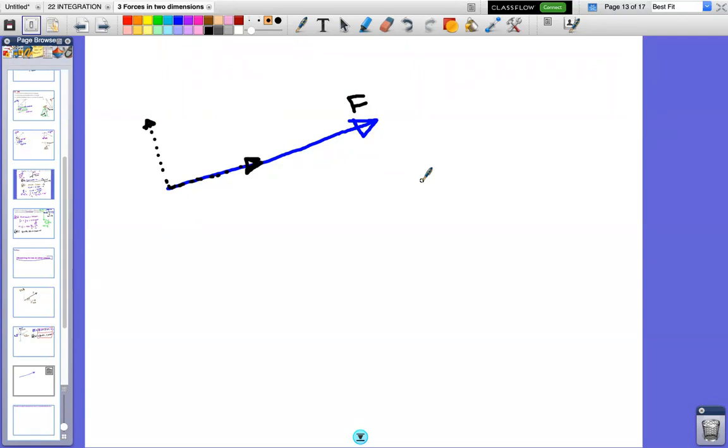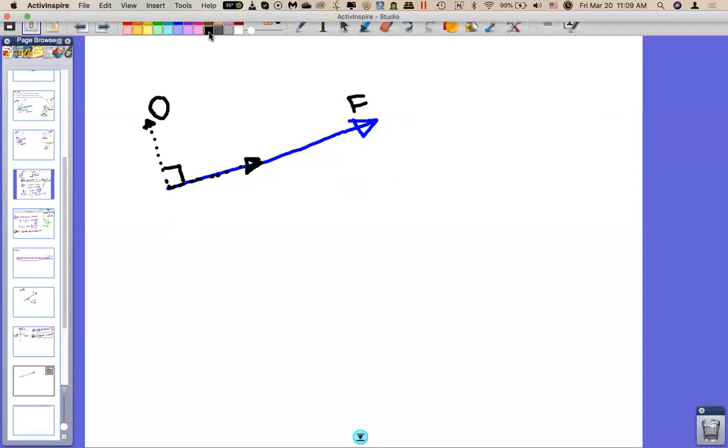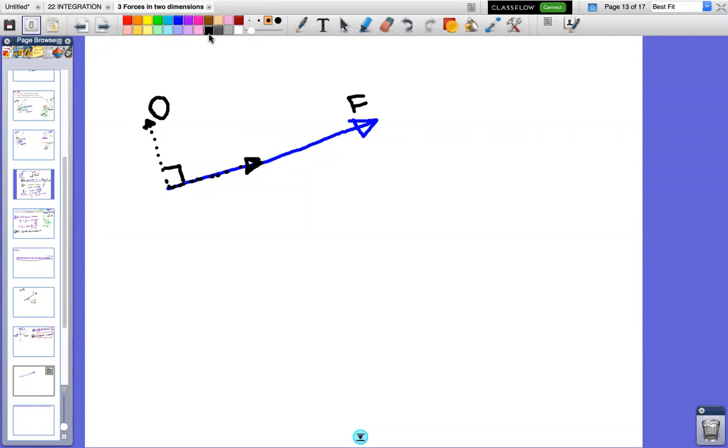And the idea is that the component perpendicular to this will always be zero. It will make the problems much simpler. If you guys still do not understand what I'm talking about, you will see in a minute.